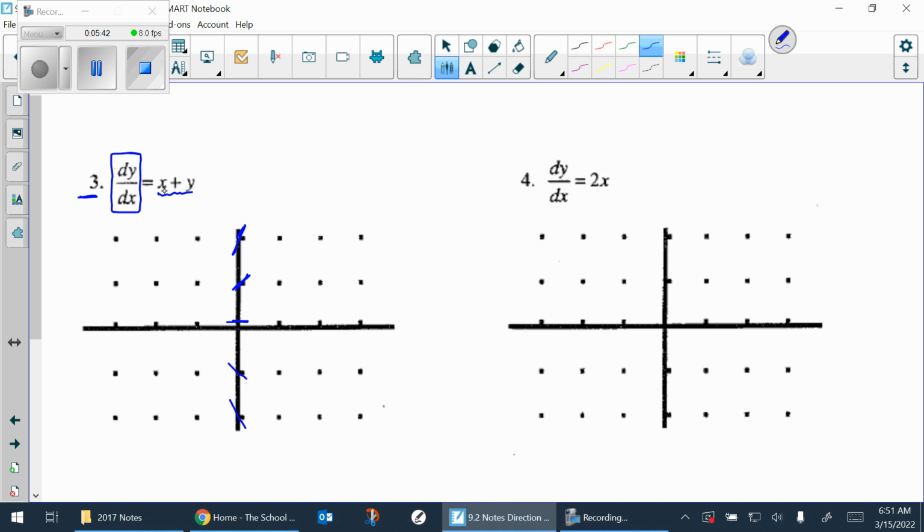Well, maybe there's a pattern here too, and I think recognizing patterns is going to be important. If x and y are ever opposites of each other, we're going to have a slope of 0. Negative 1, 1. Negative 2, 2. 1, negative 1. 2, negative 2.